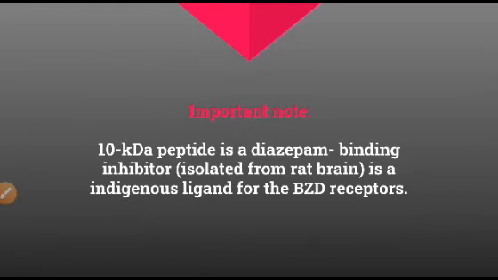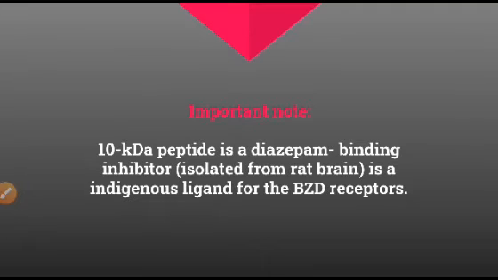Here I would like to mention one important piece of information. One agent is the 10 kDa peptide, a diazepam binding inhibitor. This inhibitor was isolated from the rat brain and is an indigenous ligand for the benzodiazepine receptor.